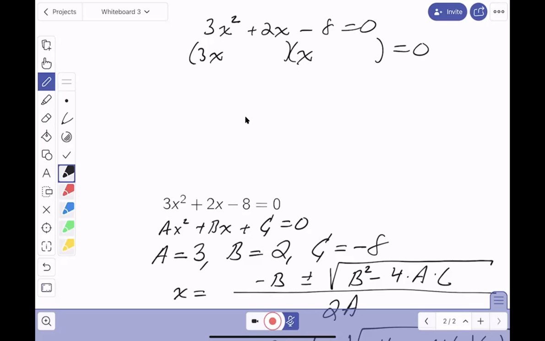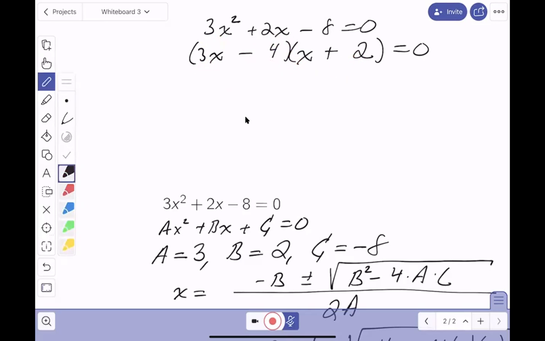Not much choice in that. I'm going to say 4 and 2. I'm not saying it's right, by the way. Really plus minus here. Let's see if that works. 3x times x, 3x squared. 3x times 2 is 6x, minus 4x is 2x, and I do get the minus 8.